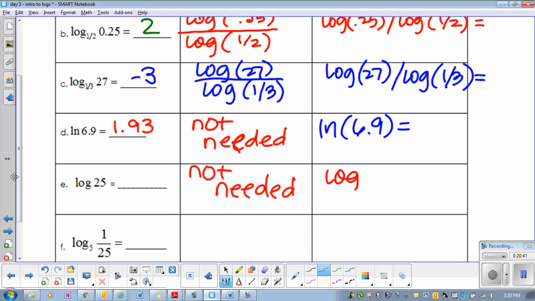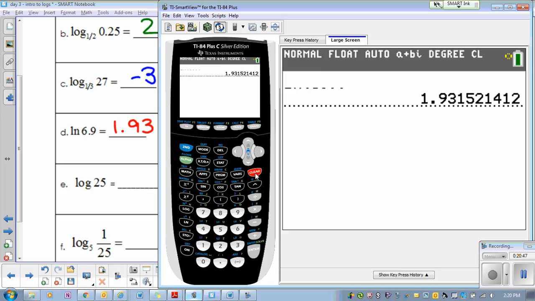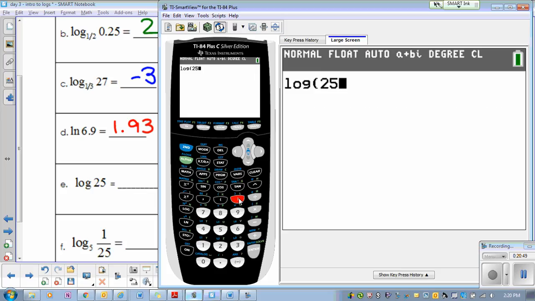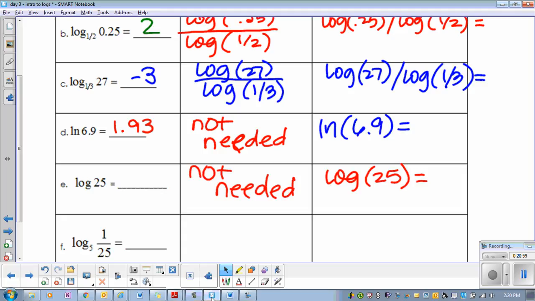Let's round to 2 decimal places. And I'll put this in the calculator as well. Log of 25. So what did you round it to? 1.40. Good.